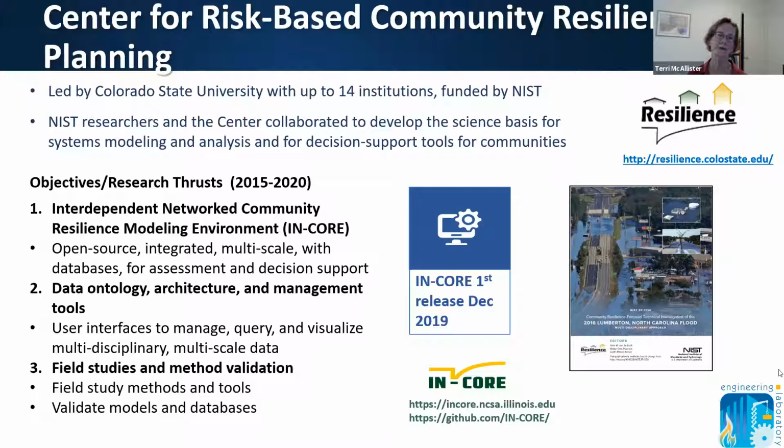So there are 3 basic research thrusts: developing the interdependent networked community resilience modeling environment, or IN-CORE, improving data ontology, architecture, and management tools for the multidisciplinary data that we discussed, social, economic, and physical data, and also field studies and method validation.